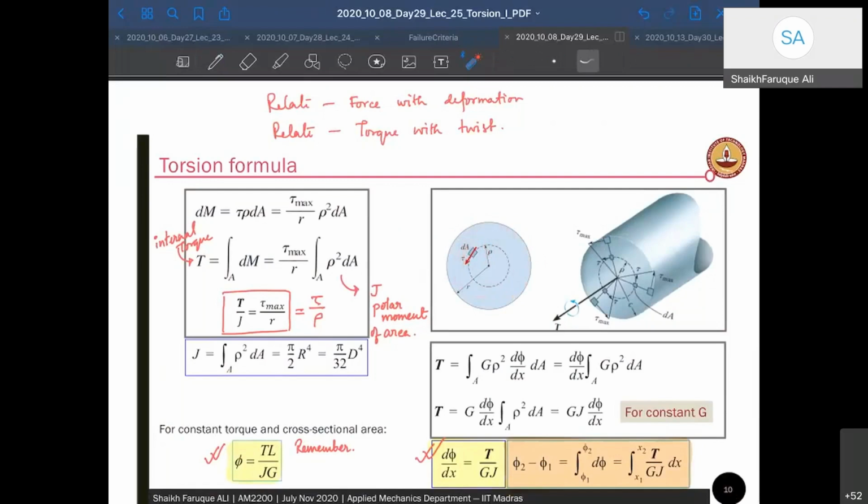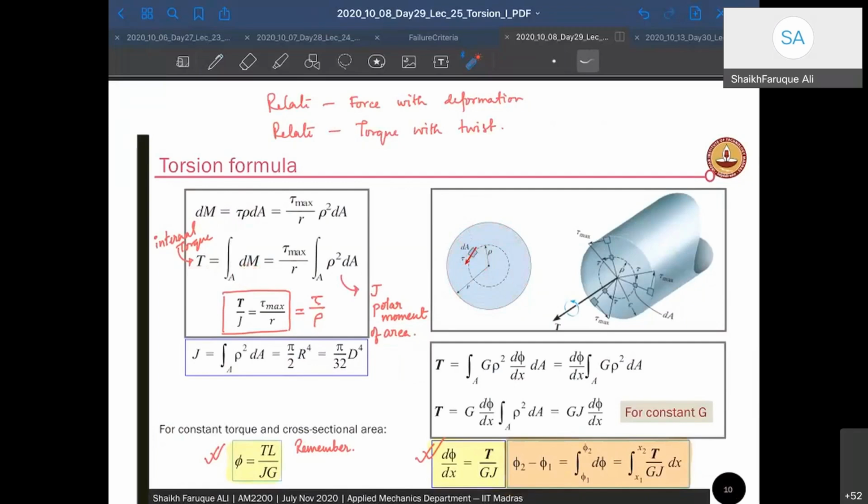So the moment resisted by this small element is going to be tau into rho dA. Tau dA is the force, and into rho is the moment, right? So the integral of that moment is going to give me the total torque that is resisted. So capital T is given by the integral over the area.